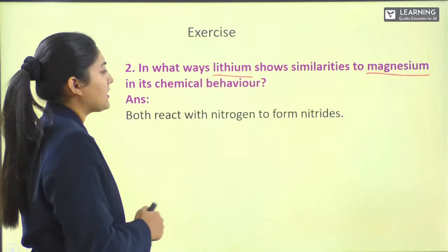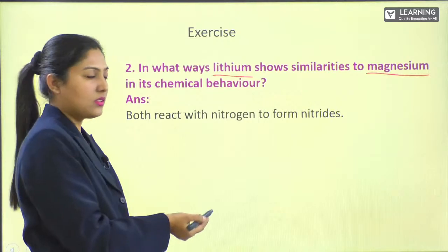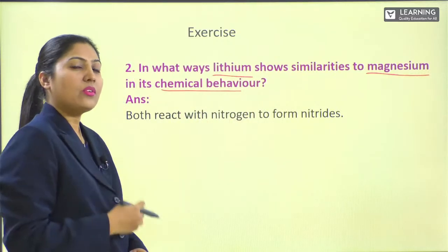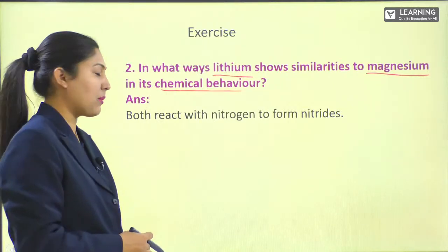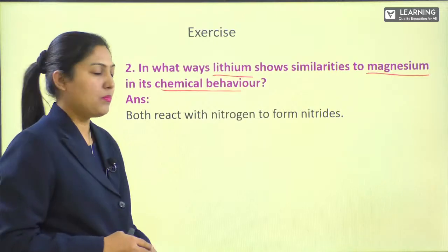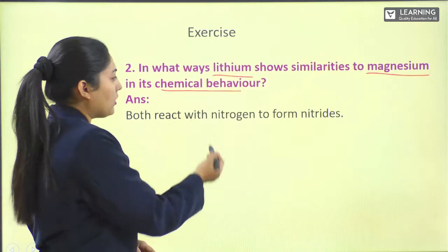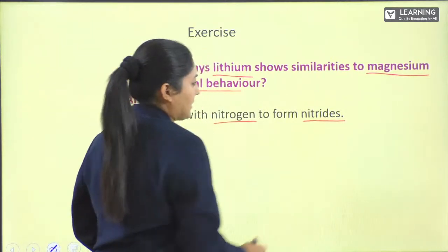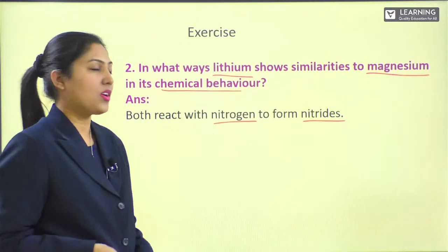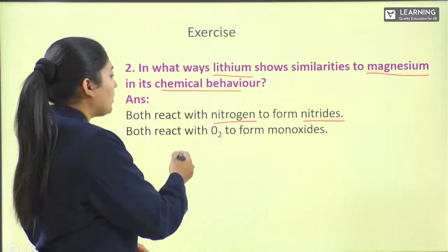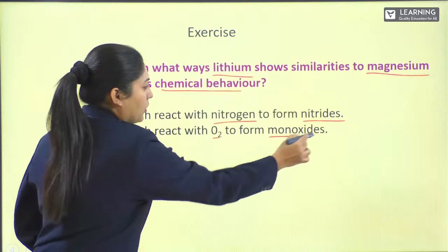The first thing is that they are asking us about chemical behavior, right? So we need to go ahead with the chemical properties of lithium and magnesium, and how they are similar. When they both react with nitrogen gas, we get nitrides, right? Magnesium nitride and lithium nitride will be formed, and both react with oxygen to form monoxides.